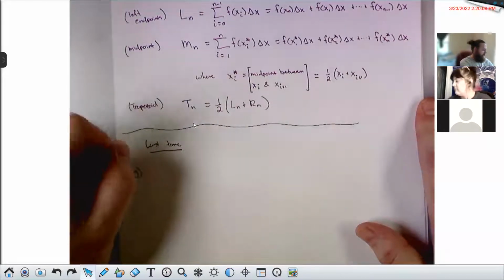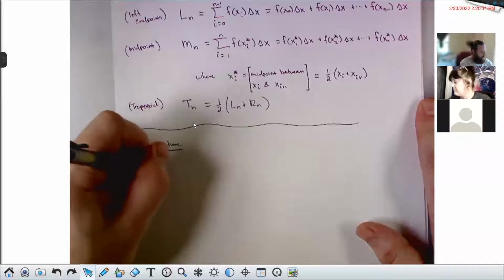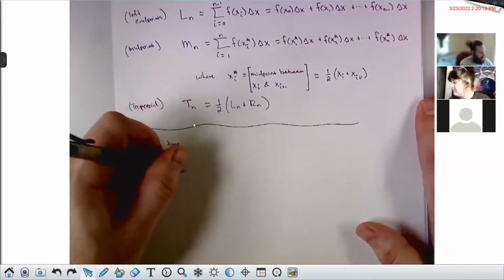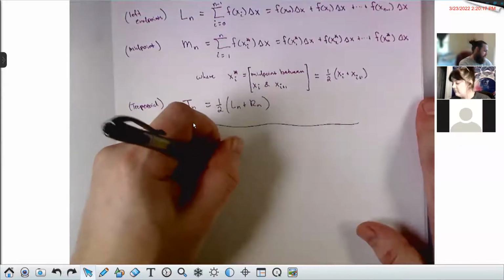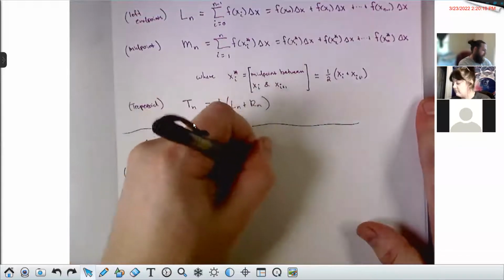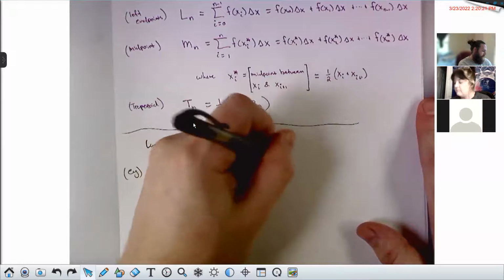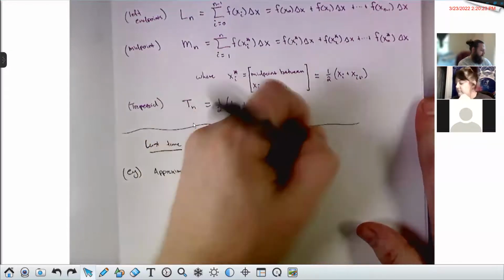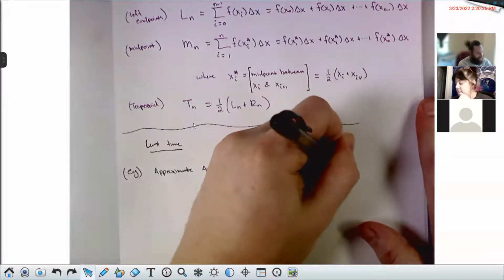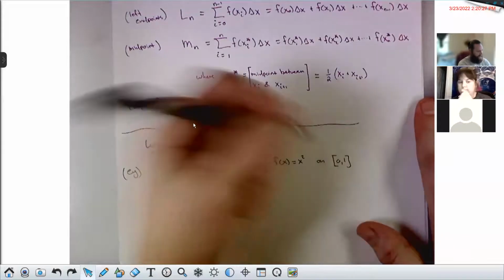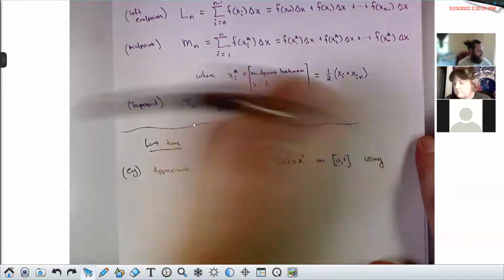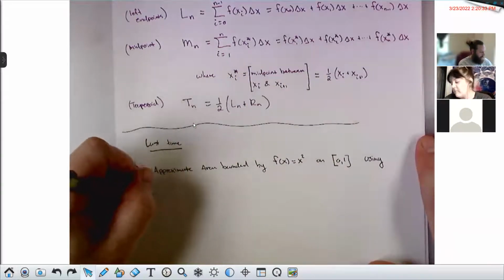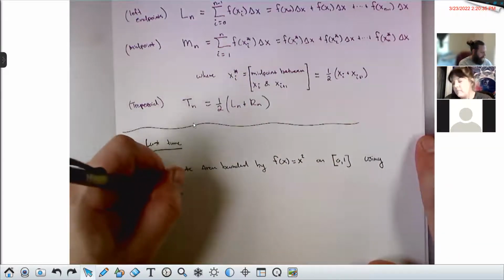We worked the example here where we wanted to approximate the area bounded by f of x equals x squared from x equals 0 to x equals 1, i.e. on the interval 0, 1, using, I think we did L5 and R5.